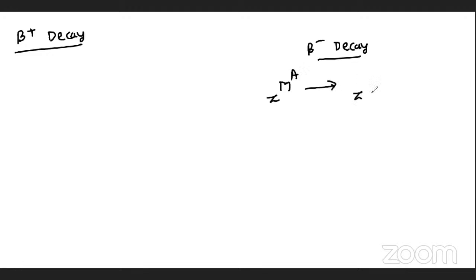That is, the atomic number will increase by 1 unit with the release of an electron and some energy E. And here we are having subatomic particles, which I'll call nu.